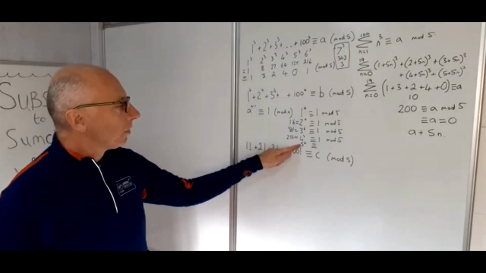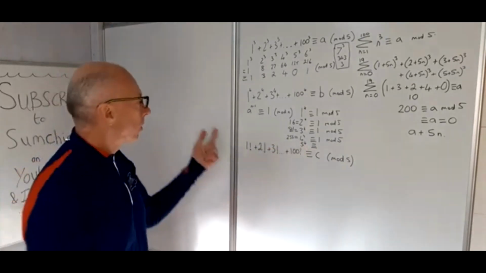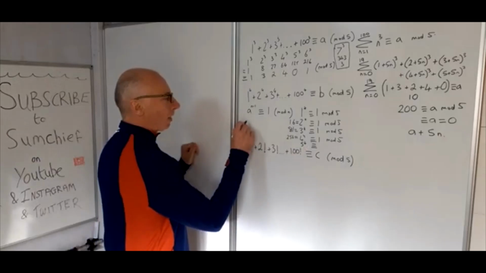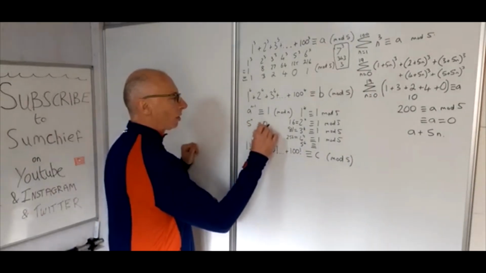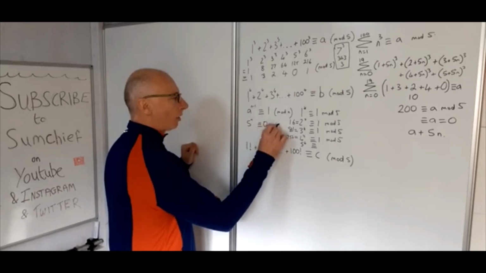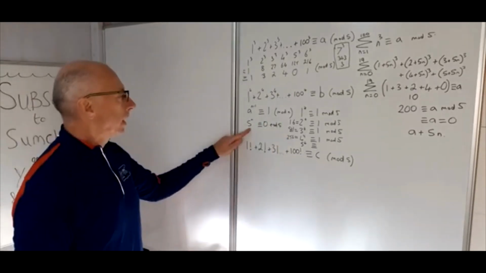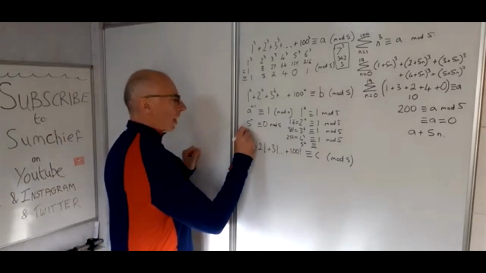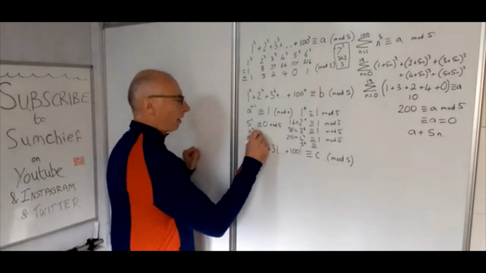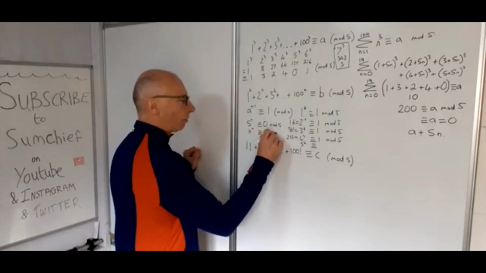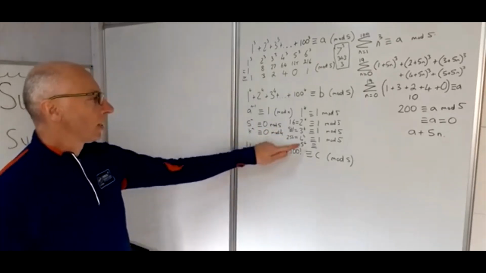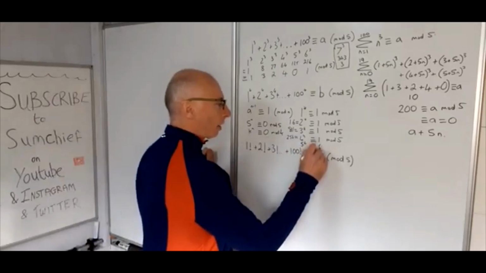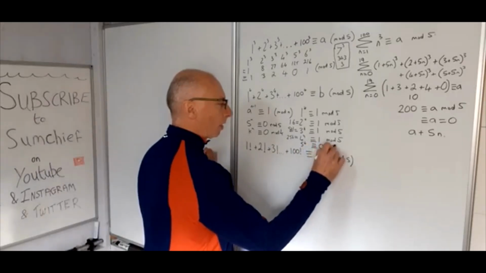But 5 to the power of any number, let's just write that here, 5 to the power of n is congruent with 0 mod 5. So basically, if I just write this as k to the power of n is congruent with 0 mod k. So for any k, it's always going to be 0. So this one here is going to be 0 mod 5.